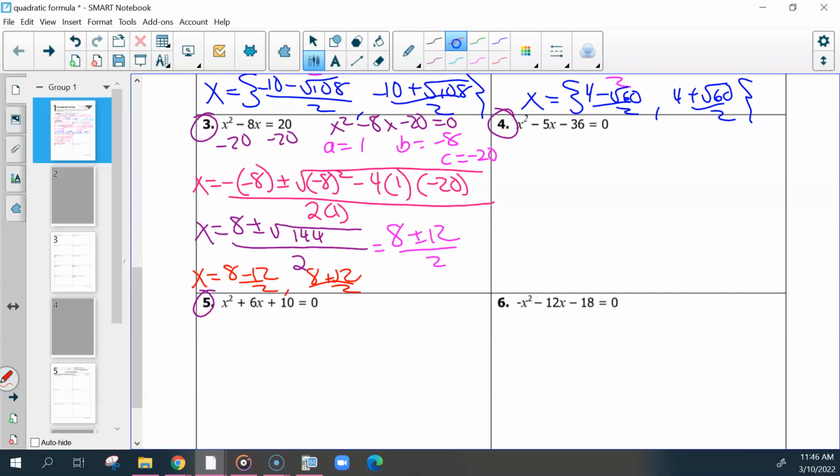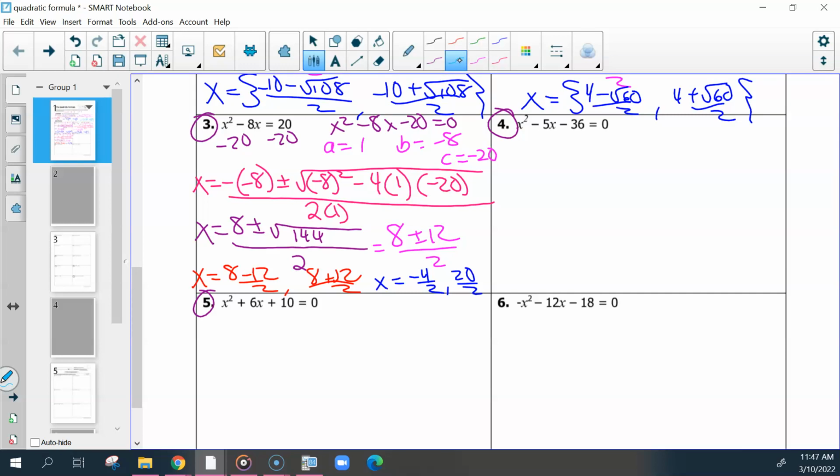Simplify those both. You can do it all at the same time or separately, does not matter. 8 minus 12 would give us negative 4. 8 plus 12 would give us 20. Simplify again, and we would get our final answers for our solution.